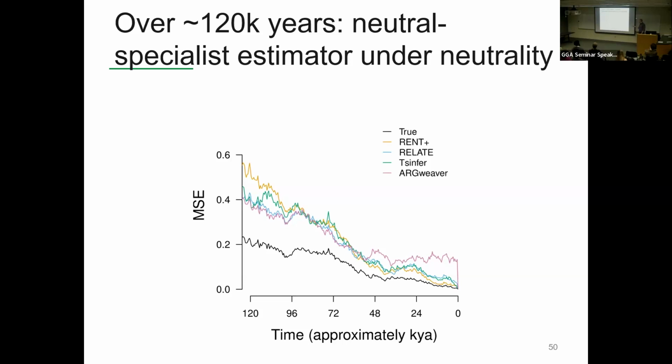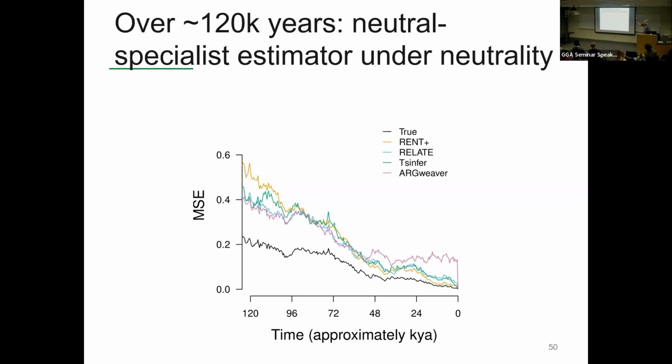What you can see right away is that ARG-Weaver does badly in the recent past, again with only 20 tips here, and then eventually catches up and is arguably the best thing further in the past. Among the other methods, one surprising thing is that the gold arguably has a slight edge through this whole window.